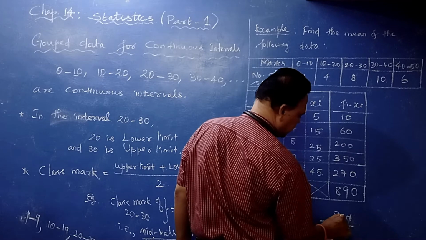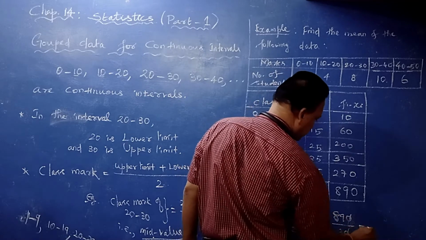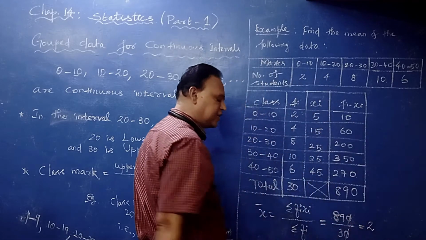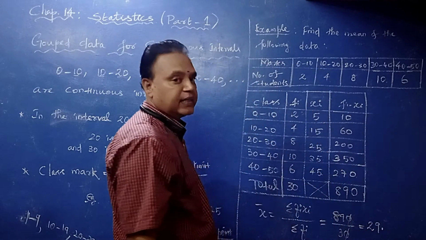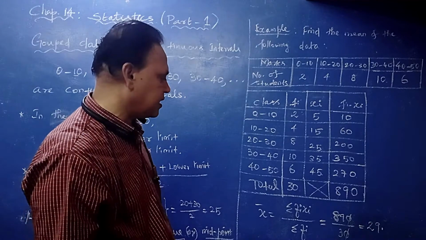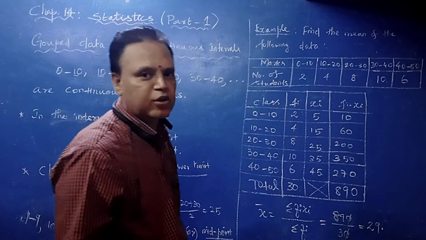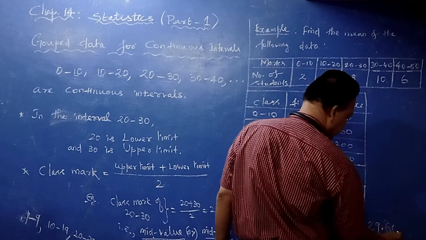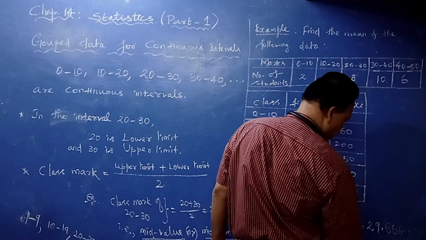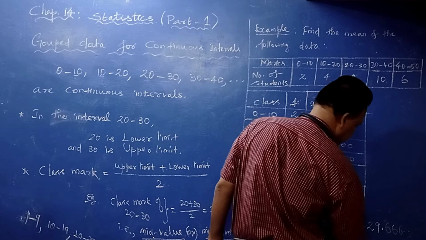Using the 3 table, easily you can divide. 2 times will go, remainder again 2, 9 times will go, 9 threes are 27, 29 coming, so remainder 2 means 20, 6 times will go, again 6 times, again 6 times it is going. So approximately you write 29.67.